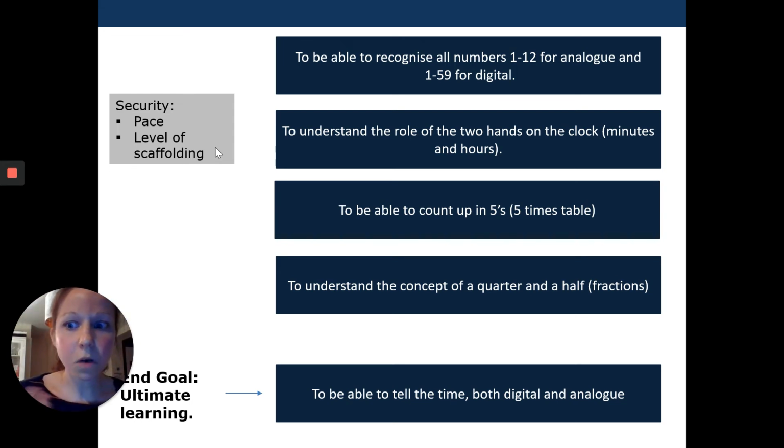Actually, there's this whole world of hinterland that we'd probably be exploring alongside this, or at least signposting, so that we get to a point where we reach our ultimate end goal of being able to tell the time, but we have an understanding of what that actually means. A concept of time, I guess. Well, that's not easy to achieve.